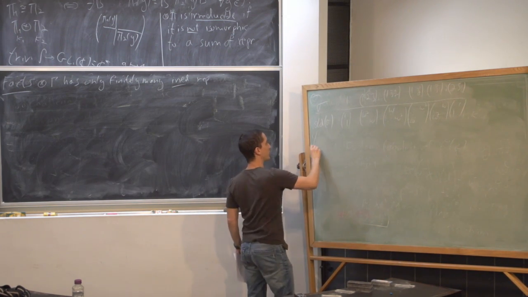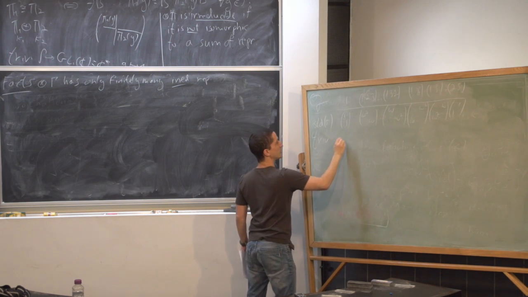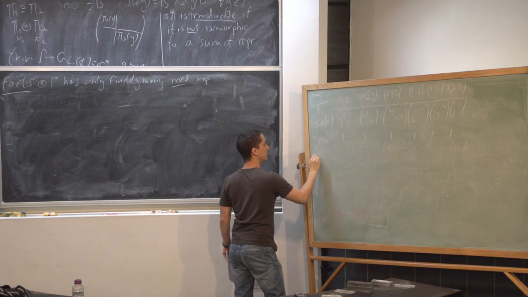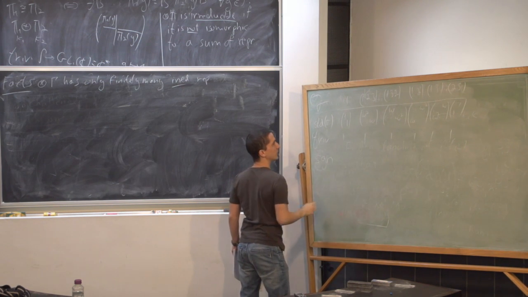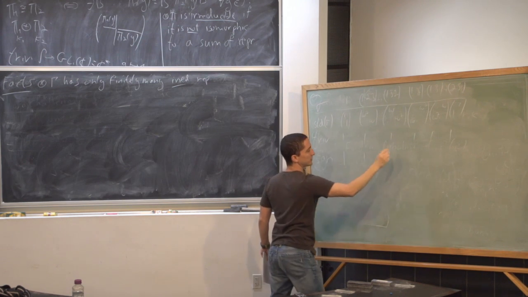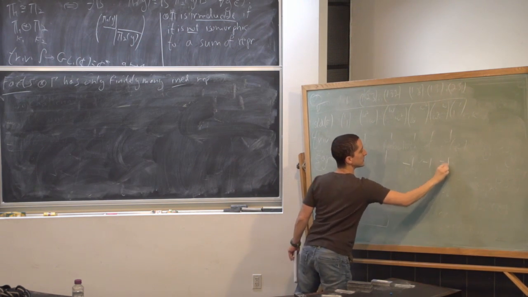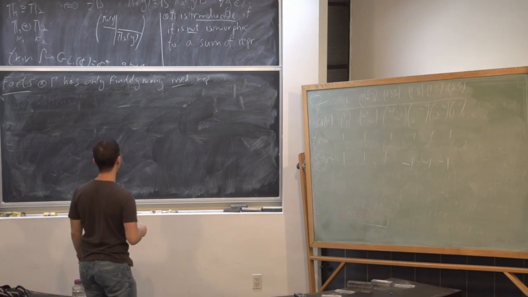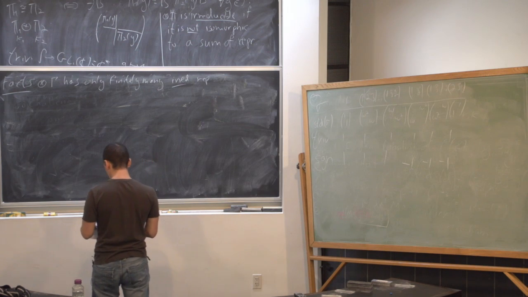Of course we have the trivial representation, which just gives 1 to each one of them. And we have the sign representation. These 3 permutations are even, and these 3 are odd. So these are the 3 irreducible representations of S3.